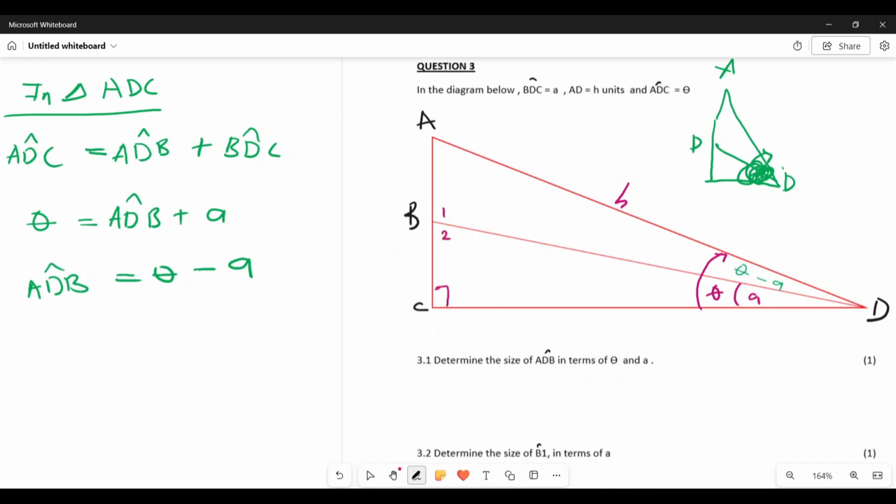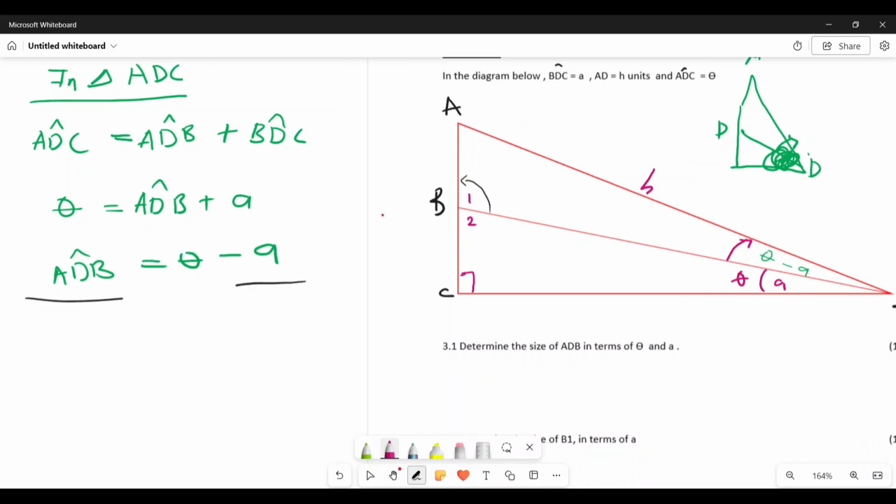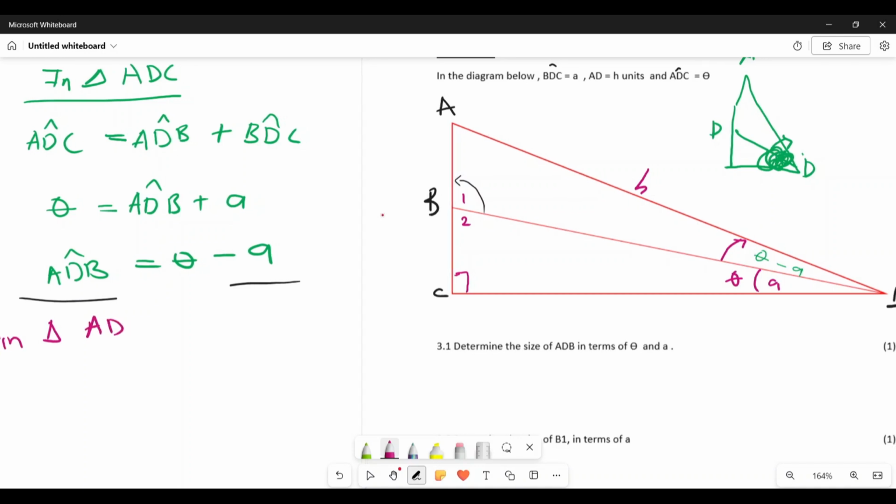And now for the next question, determine the size of B1 in terms of A. Now they're referring to this angle here. Naming my triangle, in triangle ADC, I know that if I take angle A and add it to angle D and add it to angle C, I should get 180, the reason being the sum of angles in a triangle.